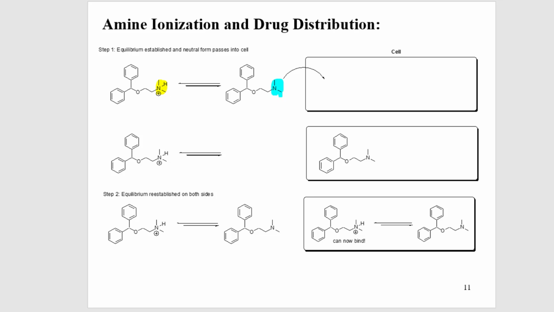Now the problem is, once it gets into the cell, so this box is representing the cell. I can do that in green. Here's the cell. Okay, so now think of Le Chatelier's principle. What happens if we've got this equilibrium outside the cell, but whenever it's in a neutral form, it will pass into the cell, thus eliminating itself from the equilibrium?